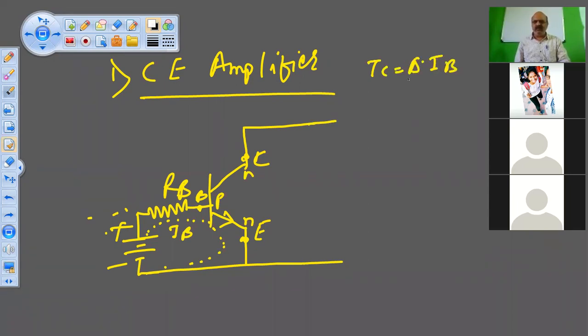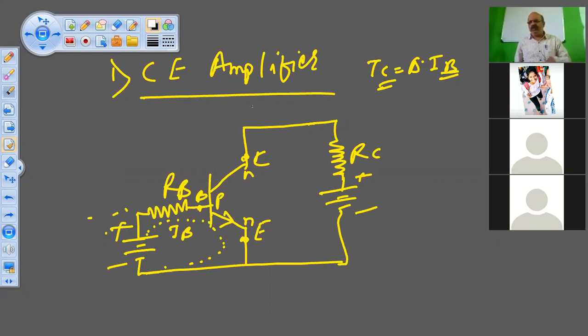When base current flows, collector current flows, that we know, because IC is beta times IB. So when IB flows, IC will flow. To control the maximum value of IC, we connect a resistance on the collector side, and here we also connect one more battery to bias the collector base junction.